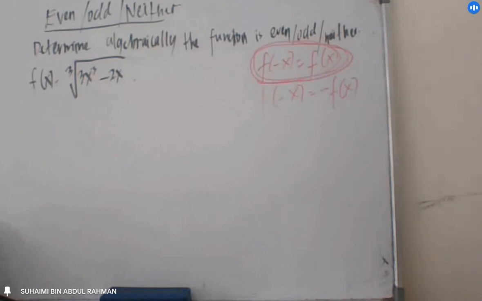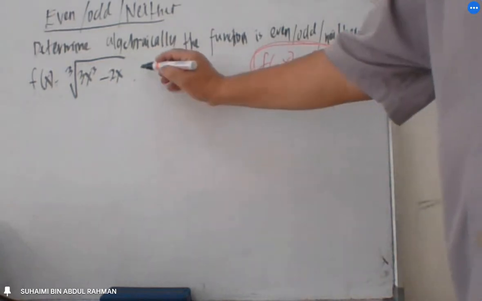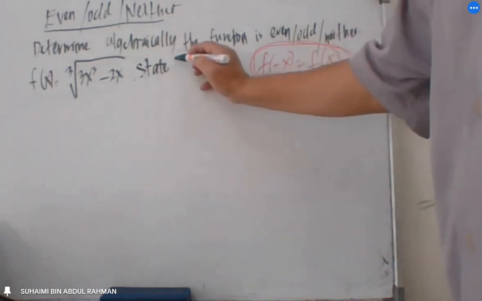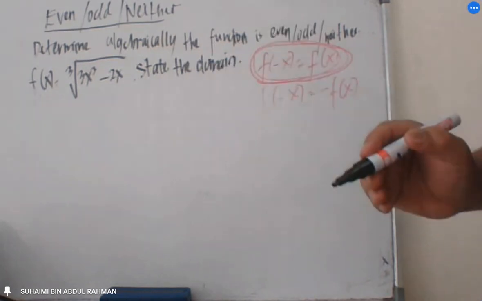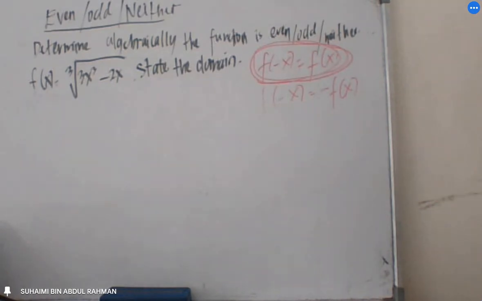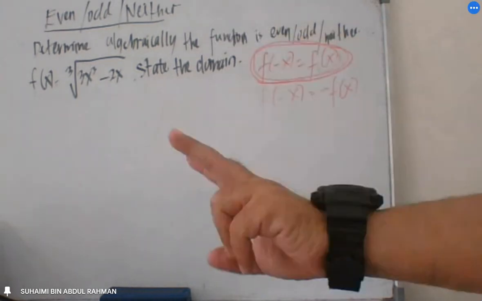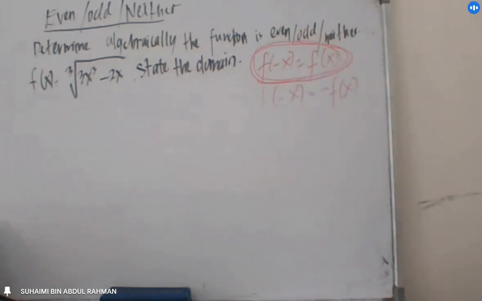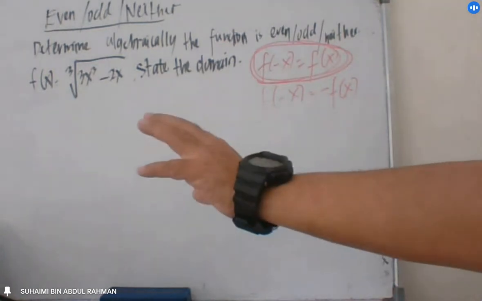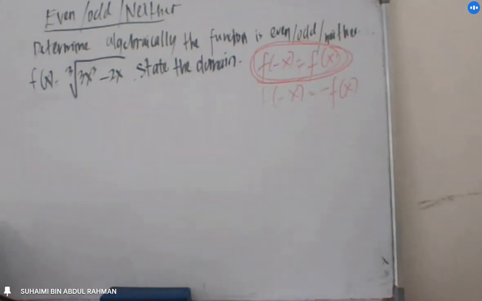And we add some more in the question: state the domain of the function. After we determine that function is either even, odd, or maybe neither odd nor even, we need to determine what is the domain of this function.